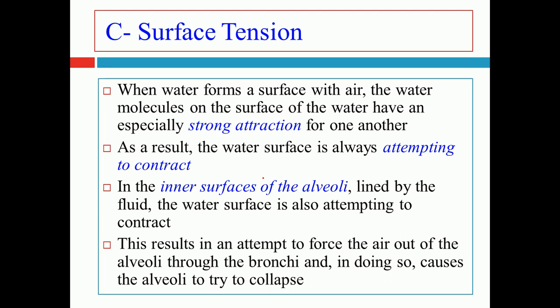Third, a very important physical aspect of the lung is surface tension. As you know, the air has moisture. When you studied respiration, you were taught that whenever air is breathed in, it is moistened by the lining of the respiratory system.